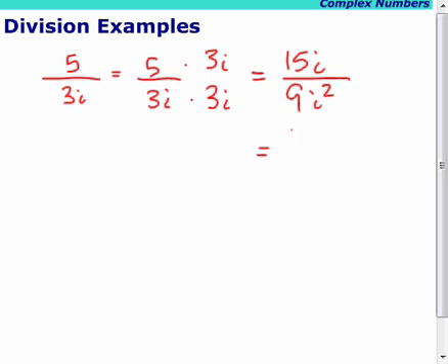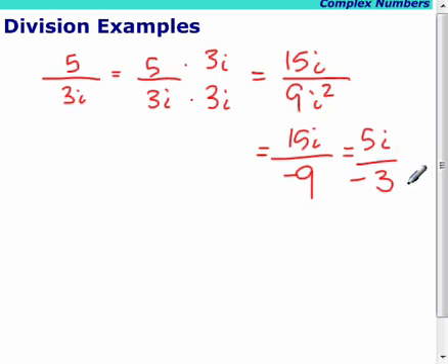Simplifying, I have 15i, I squared is negative 1, so this is negative 9 on the bottom. And I can simplify the numbers by dividing top and bottom by 3, giving me 5i over negative 3. And that would be the simplification of that.